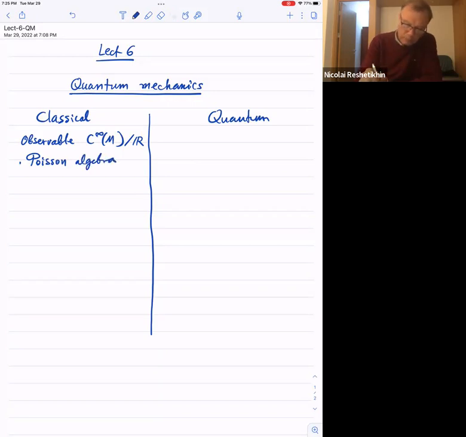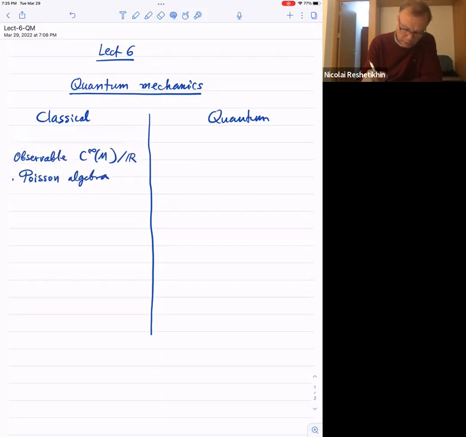And what is the quantum counterpart of this thing? So first, the algebra of observables.